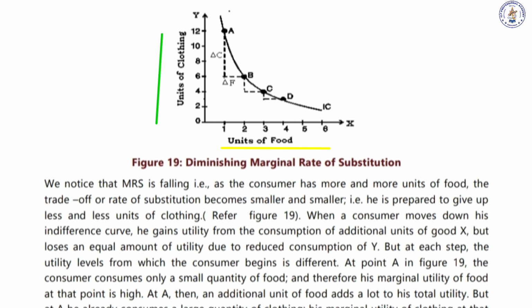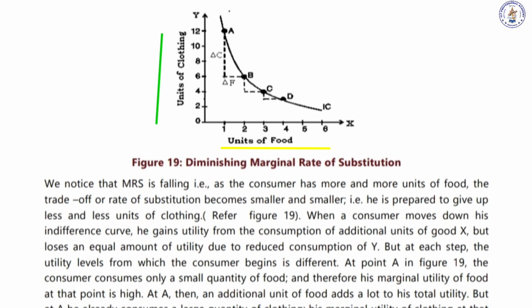At point C, the consumer consumes a much larger quantity of food, but he is giving up only a small quantity of clothing compared to point A. This means the additional unit of food has given him only a lesser utility than in the first case. This is because of the law of diminishing marginal utility.